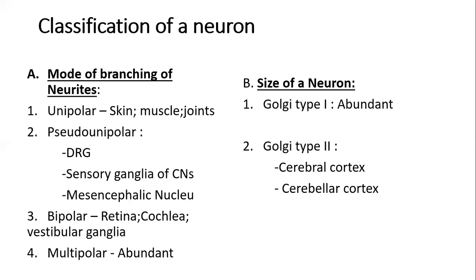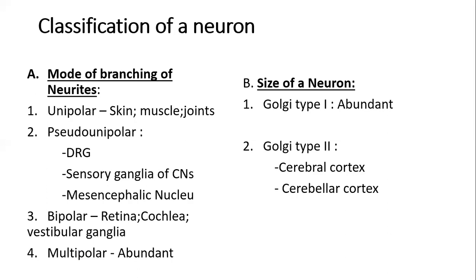So the fibers or processes coming out of a neuron are called neurites. Based on the number, length, and mode of branching of these neurites, we can classify the neuron into unipolar, pseudo-unipolar, bipolar, and multipolar. Then we have another type of classification which is based on the size of a neuron.